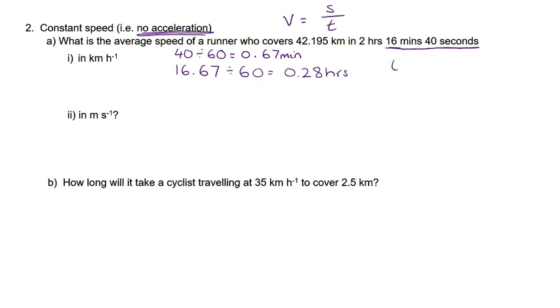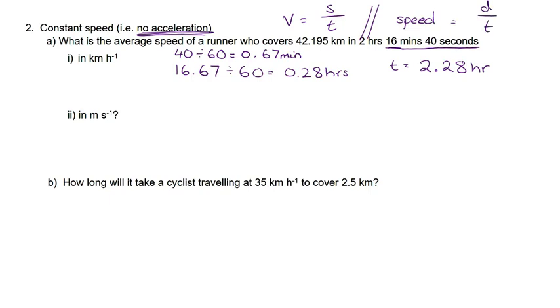So the total time is 2 hours, wrong number, 2.28. So that's the time in hours. So now I can get my answer in kilometers per hour. The other version of this formula for the scalar version is speed equals distance over time.